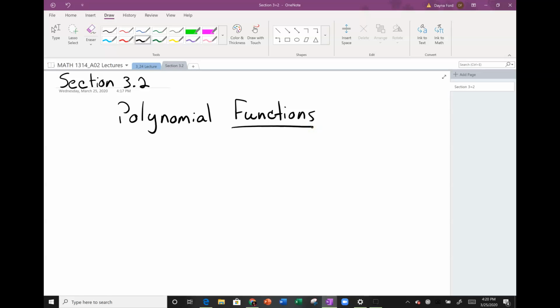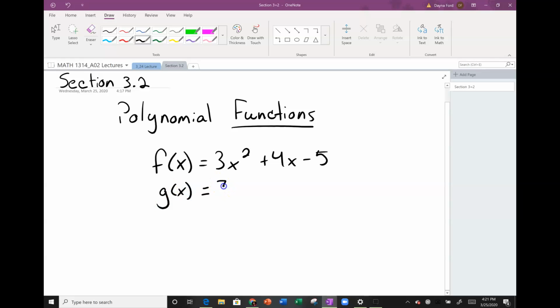With polynomial functions, that's just looking at something that has f of x is equal to, we'll say, 3x squared plus 4x minus 5. That's a polynomial function. It's also something that looks like maybe g of x is equal to 7x to the 6th minus 3x to the 5th plus 4x minus 1.